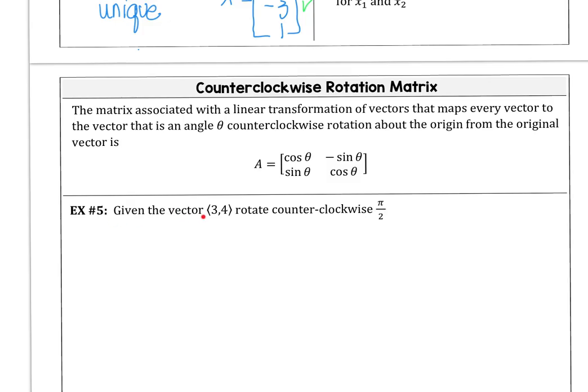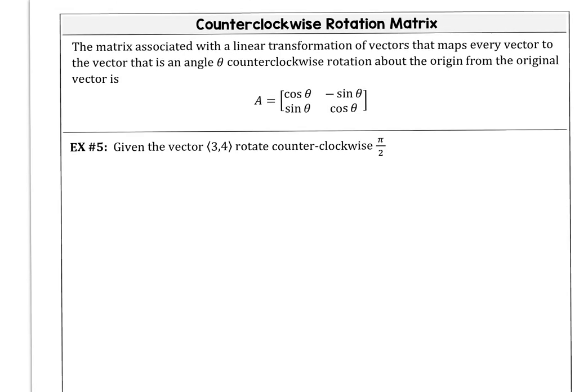Say we're given the vector 3, 4, and we want to rotate that vector counterclockwise pi over 2. So I want to just draw a picture real quick, sketch that for us, so we can see how this happens. We've got our x and y axis here.